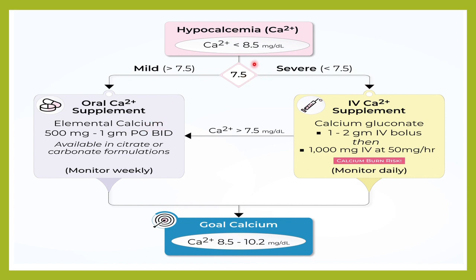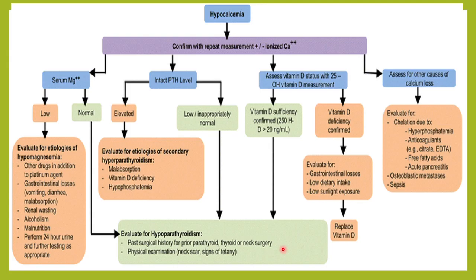Suppose you get a calcium which is less than 7.5, we might have to give IV calcium supplement. The goal is to maintain the calcium levels from 8.5 to 10.2 milligram per deciliter. That was about how we approach a case of hypocalcemia.